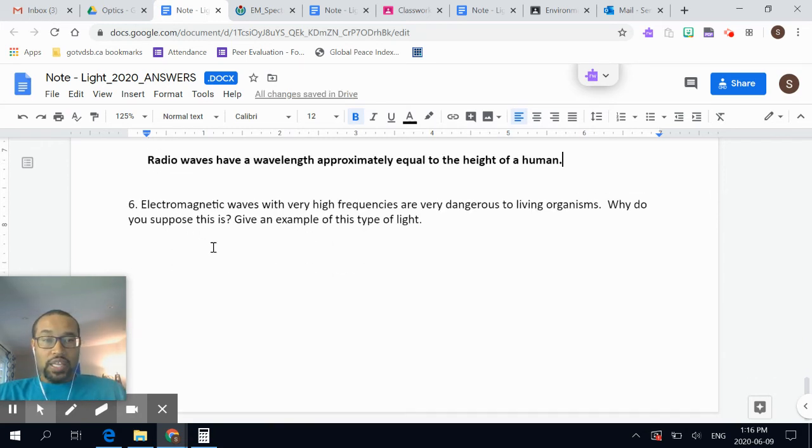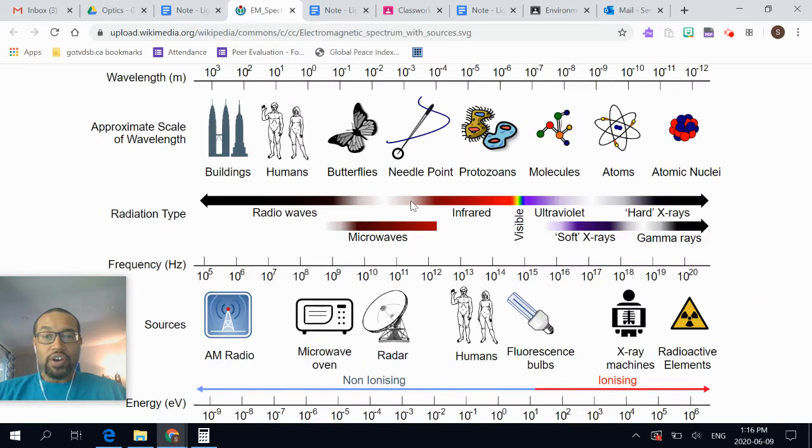Last one. Electromagnetic waves with very high frequencies are dangerous to living organisms. So I've asked you why you think that might be, and then to give an example of this type. If we look at our electromagnetic spectrum again, very high frequency is to the right. So that's things like UV, X rays, or even gamma rays.